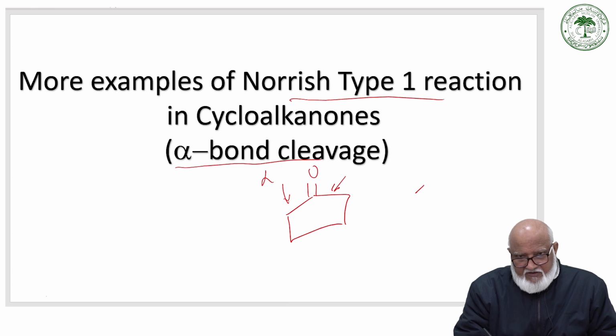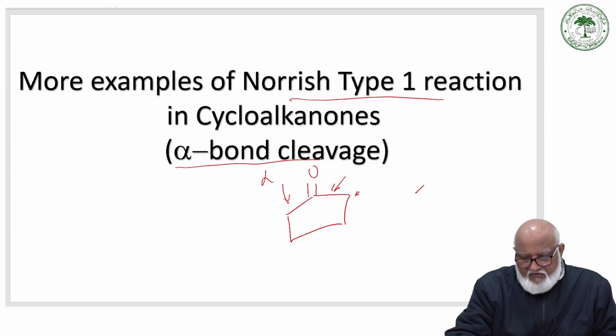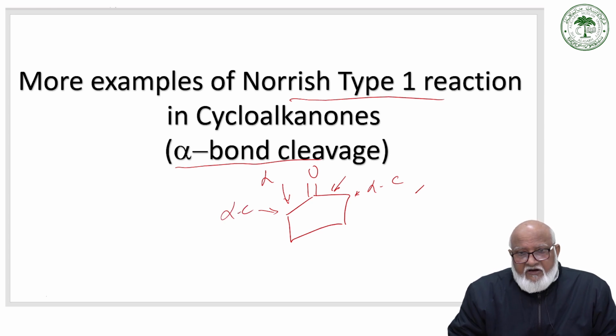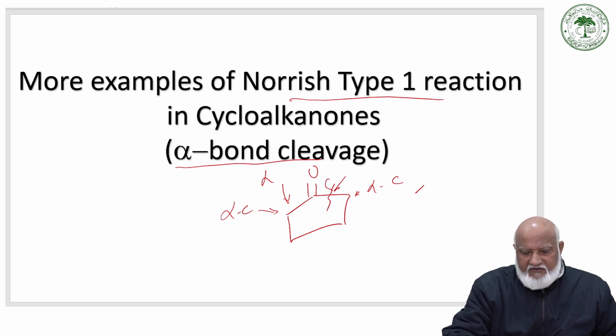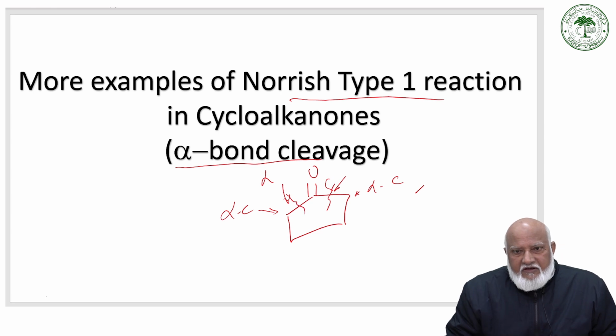This is your alpha carbon, and this is also an alpha carbon. So if the alpha carbons are unsubstituted and it is symmetrical, then we can cleave any of these. If we cleave this or this, it leads to similar carbon radicals.